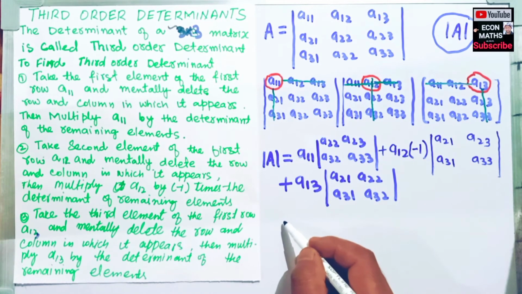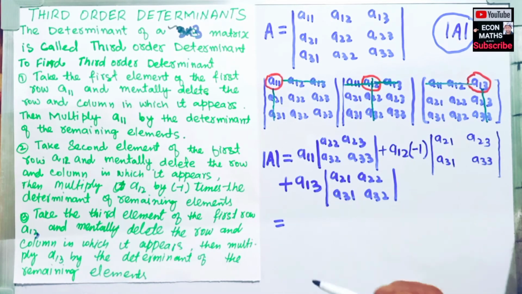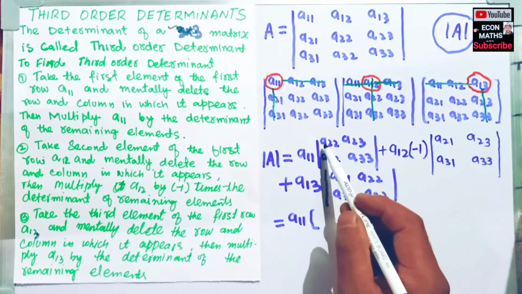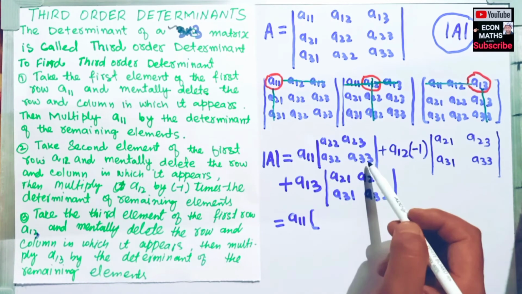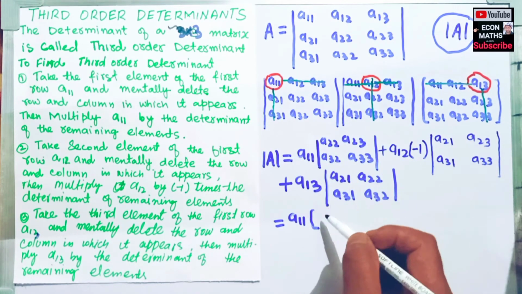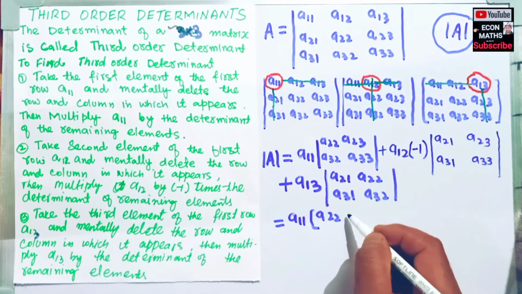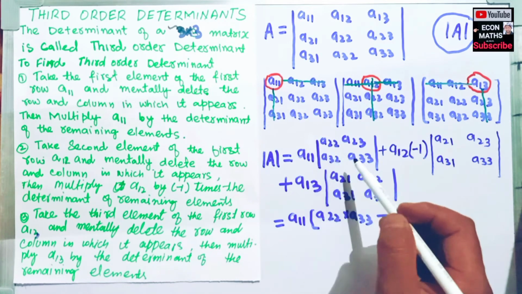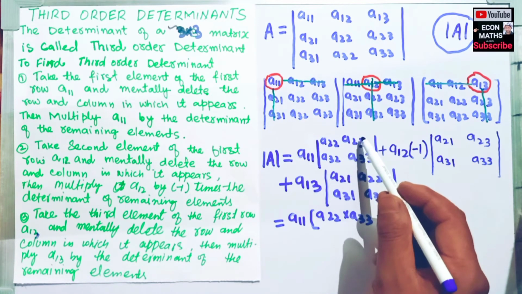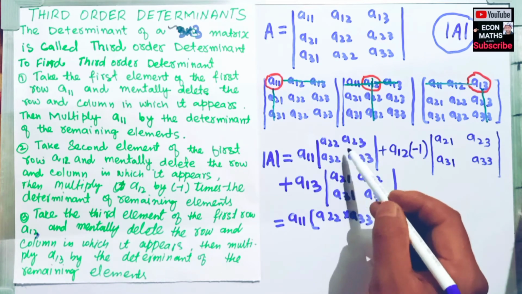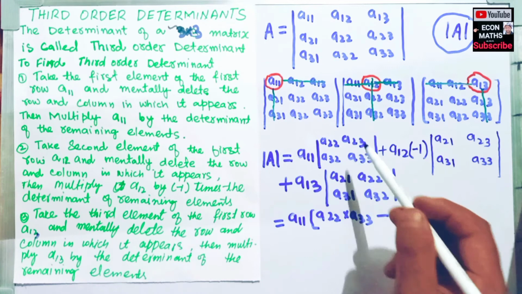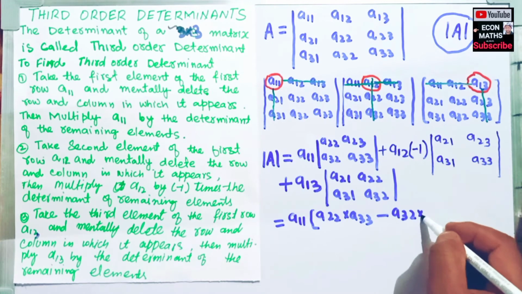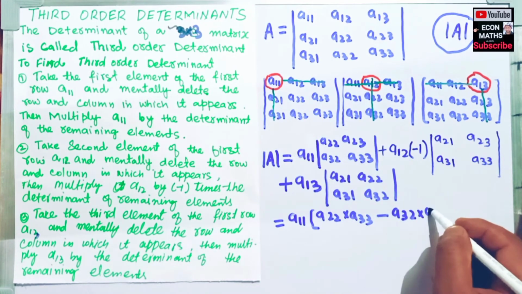Now we will solve this. This will become A11 times the product of the two elements on the principal diagonal, A22 times A33, subtracted by the product of the elements on the non-principal diagonal, A32 times A23.